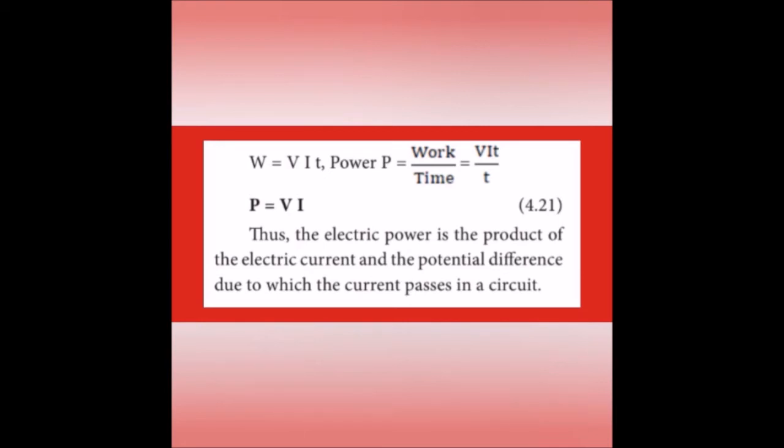We know that power equal to work by time. Substitute work in the power equation. We get VIT by T. T and T get cancelled. Finally, we get the mathematical expression for power, that is P equal to V into I.